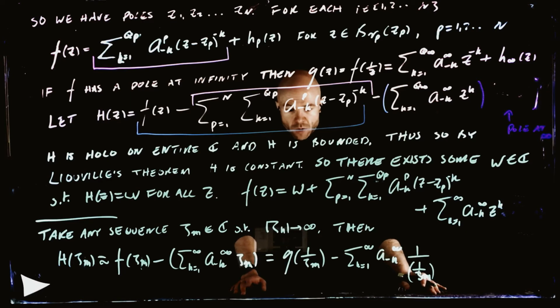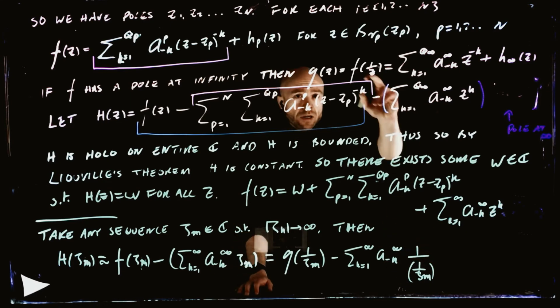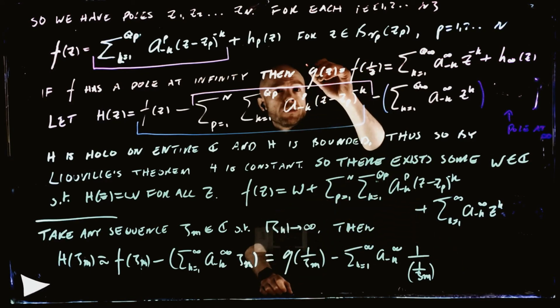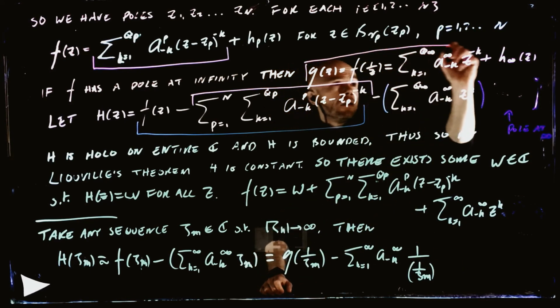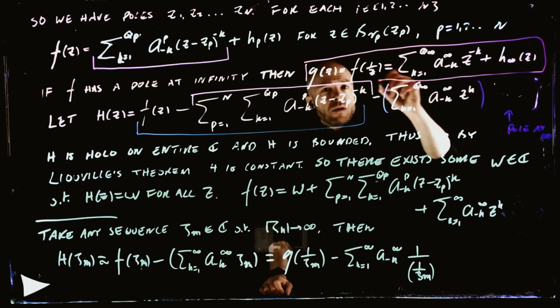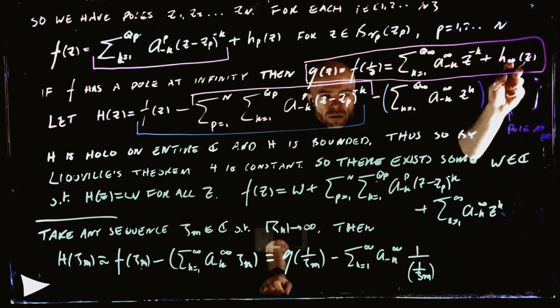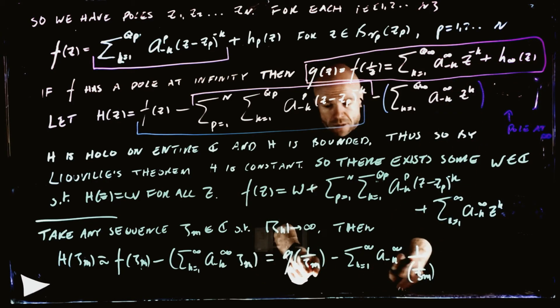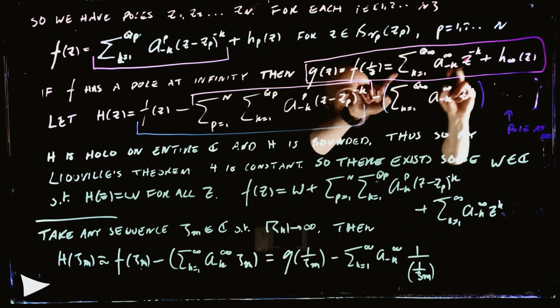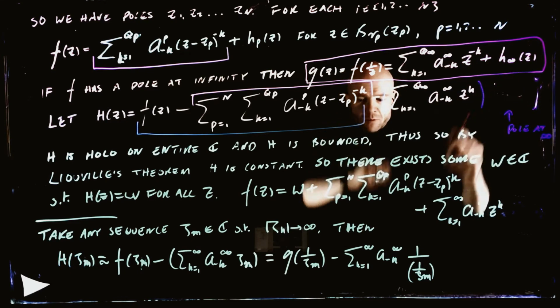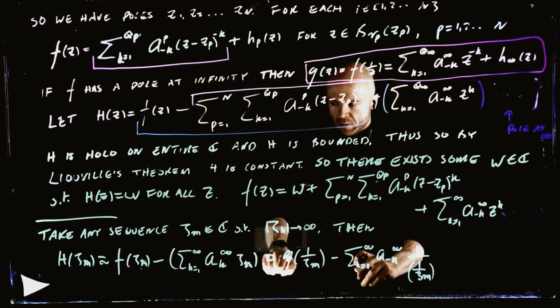And 1 over zeta m is going down to 0. This is our expansion locally around the pole of g at 0. So as we get closer to 0 with this complex number 1 over zeta m, we have it inside this neighborhood, so it's equal to this thing plus this thing here, and we're stripping off this thing.